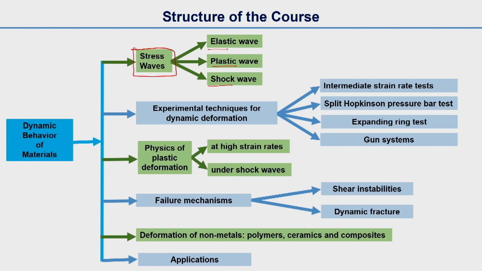After that we will discuss experimental techniques for dynamic deformation. There are intermediate strain rate tests, and a little bit higher strain rate tests, where the split Hopkinson pressure bar is the most commonly used standard test, and then the expanding ring test, gun systems, and a few more we will discuss later.